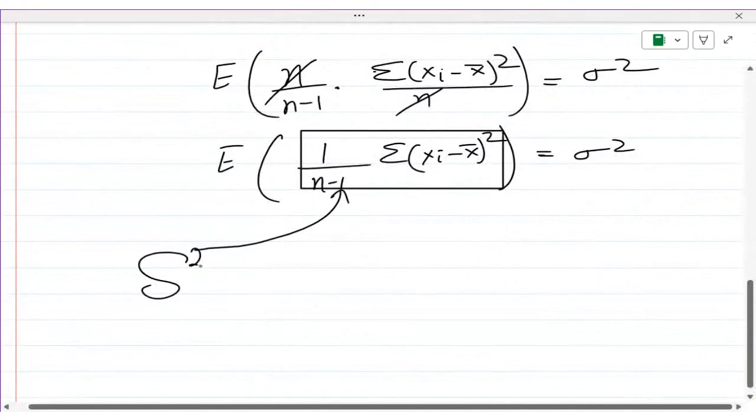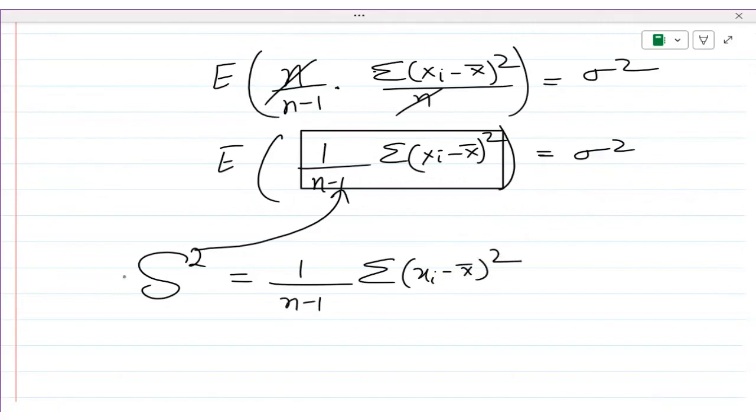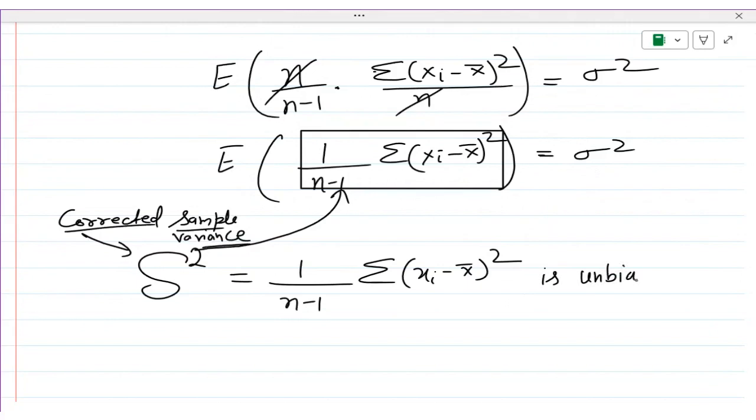Capital S square is 1 upon n minus 1 sum of xi minus x bar whole square. This is called the corrected sample variance, or the right sample variance, which we use to estimate sigma square. This is an unbiased estimator.